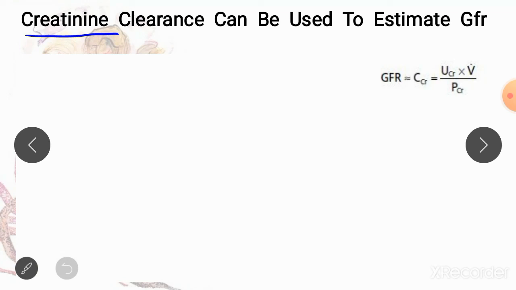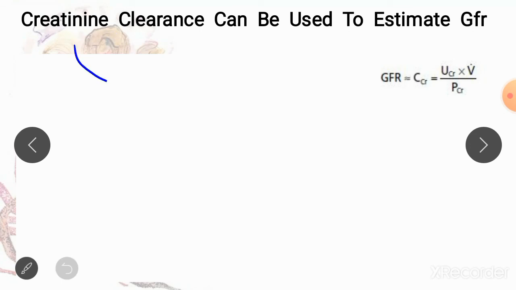This is very important, you must remember this. So another replacement for inulin is creatinine. What is the advantage of using creatinine instead of inulin? First, it is not going to cause any allergic reactions. It is not injected from outside, it is already produced in the body.